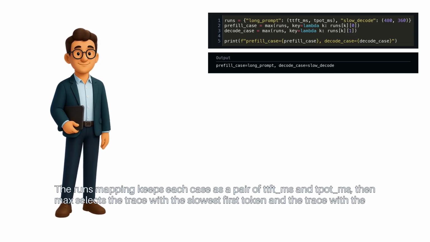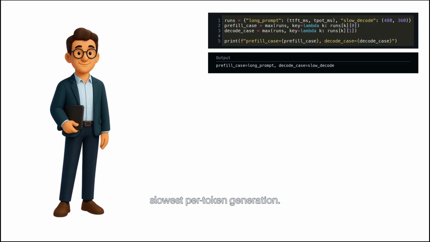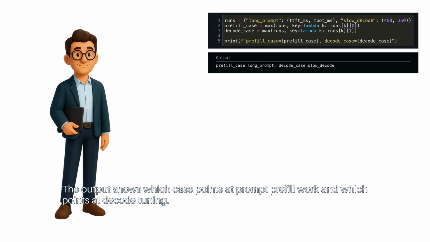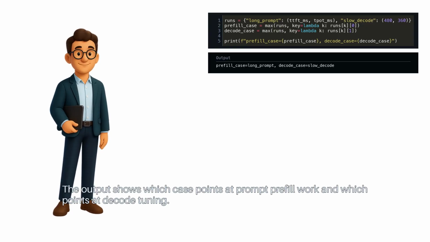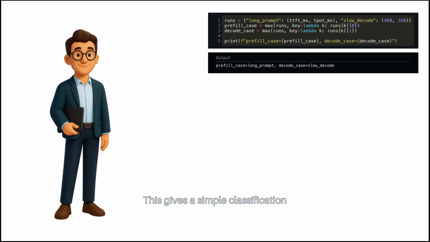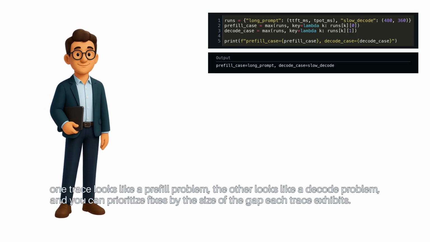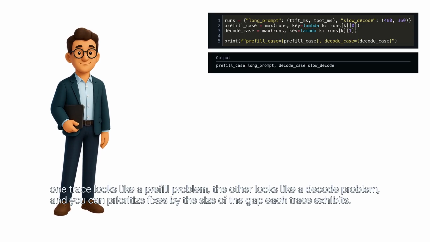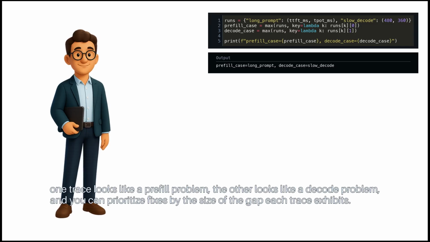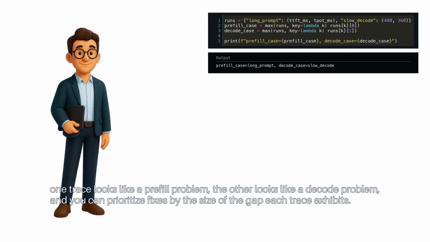Then max selects the trace with the slowest first token and the trace with the slowest per token generation. The output shows which case points at prompt prefill work and which points at decode tuning. This gives a simple classification. One trace looks like a prefill problem, the other looks like a decode problem, and you can prioritize fixes by the size of the gap each trace exhibits.